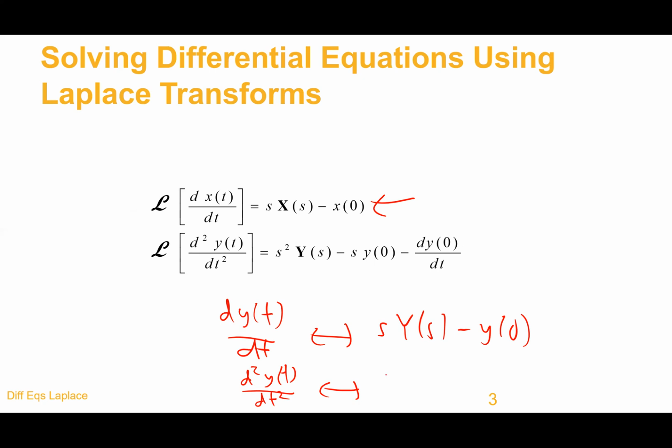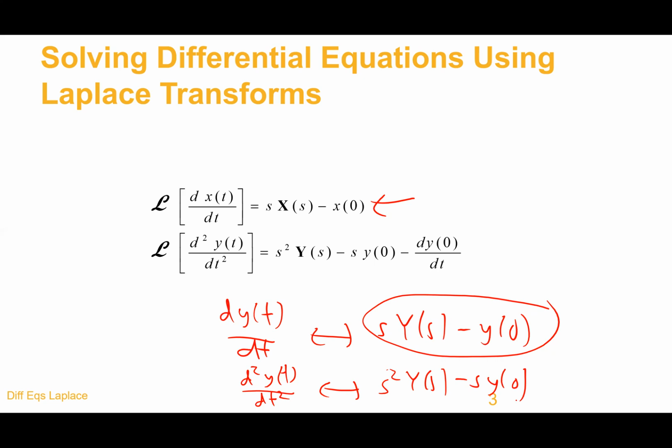So on the right-hand side, we need to multiply by s, and then subtract the initial value of the thing whose first derivative we're finding. In other words, multiplying this by s gives you s squared Y(s) minus s y(0).